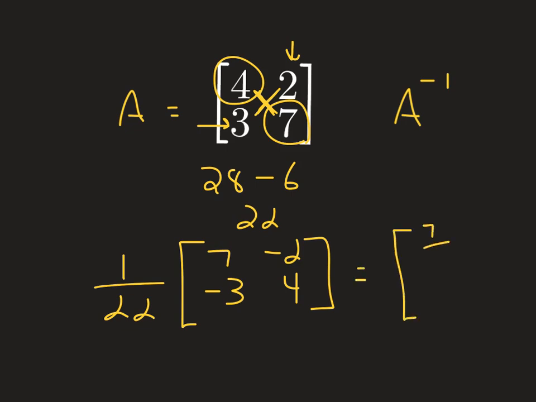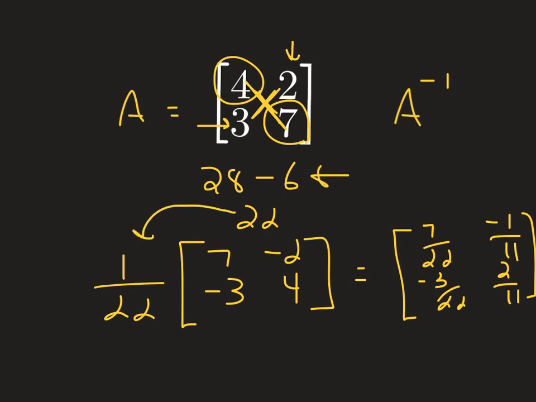So we'll do 7 over 22. The next number will be -2 over 22, which is really -1/11. -3 over 22. And then 4 over 22 would be 2 over 11. And there you go. So the steps again: multiply, multiply, subtract, take the reciprocal of that number outside, switch places with the 1st and 4th, change signs on the 2nd and 3rd, and I just made a mess.